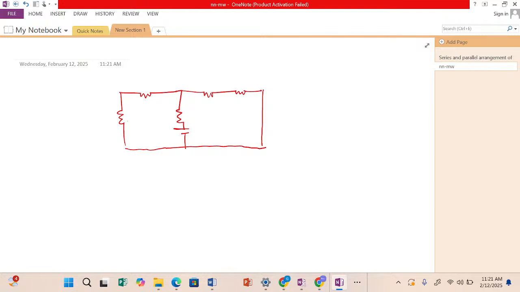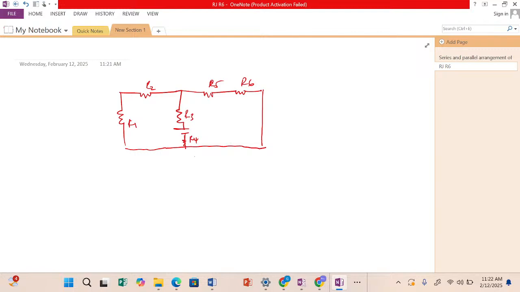So we have R1 here, we have R2 here, then we have R3 here. Let's put another resistance here. So let's say we have R4 here, then we have R5 here, and then R6 here. So the question is, which of the resistors in the circuit are in series? Alright, so let's do the analysis very well.